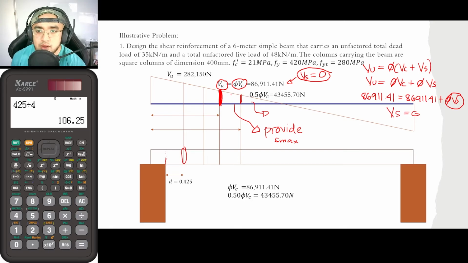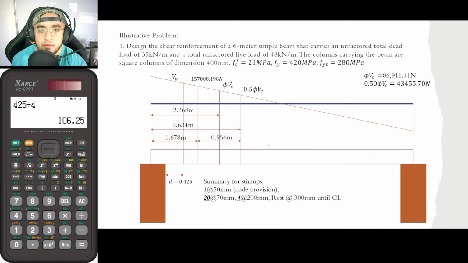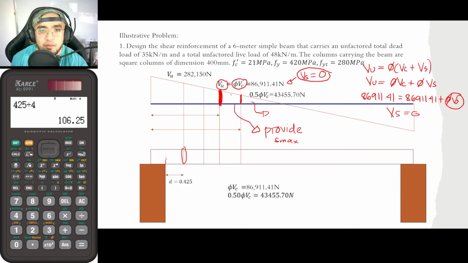You can once again make use of the shear equation. Let's suppose that you would be making use of this shear equation, then substitute the value of VU, then solve for the value of the distance. Or this time, I would once again make use of, spoiler, my calculator technique using stat mode.